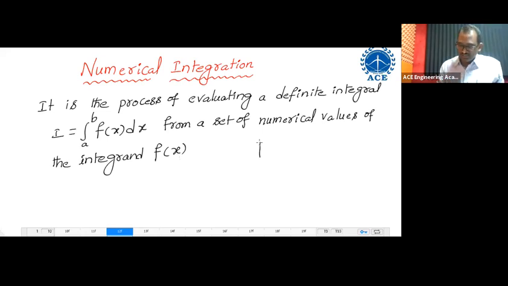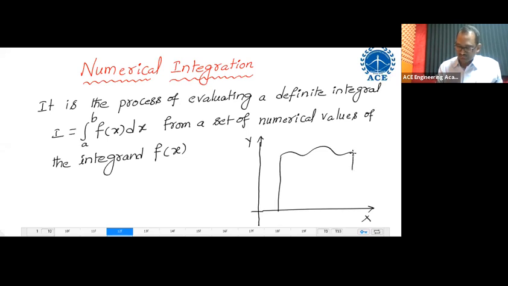Integral a to b f of x dx stands for the area under the f of x curve between the lines x is equal to a and x is equal to b.